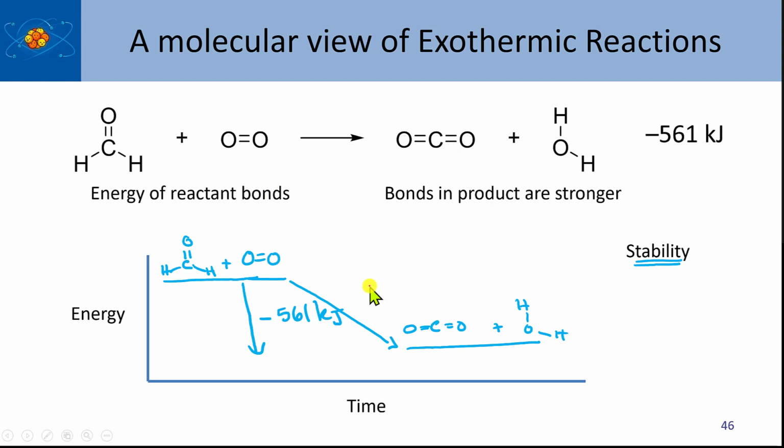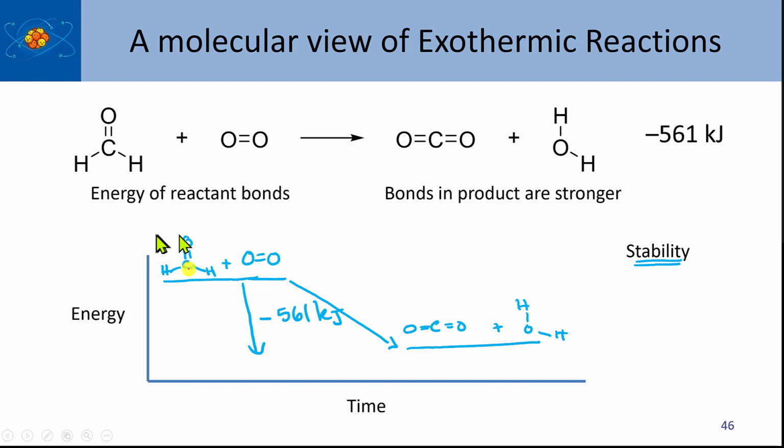Now, why they're stronger, we'll have to talk about it another time, but that's coming up in a few chapters. But why they're stronger is simply because they're more stable, they're lower in energy, and there's a stronger force of attraction between the double bonded carbon and the oxygen, for example. And there's some other things going on with carbon dioxide that make this so much more stable.